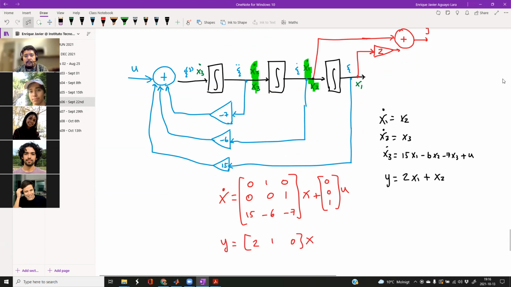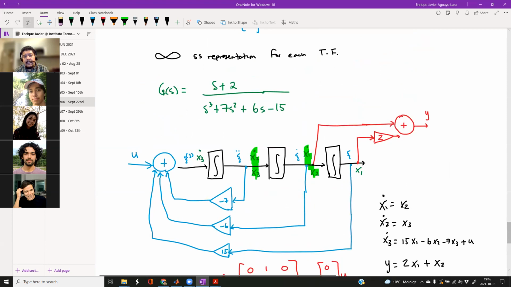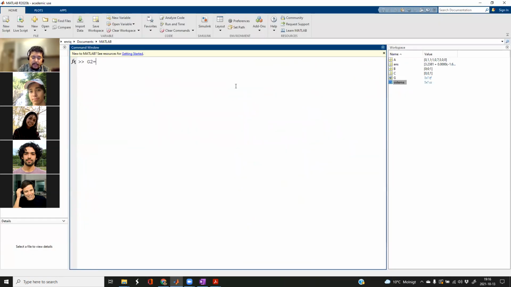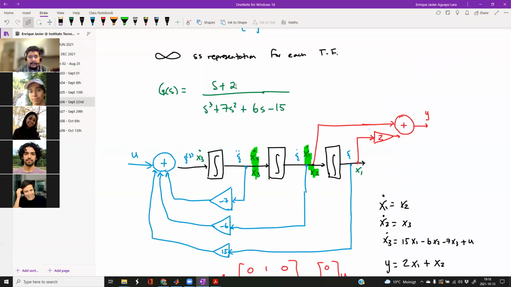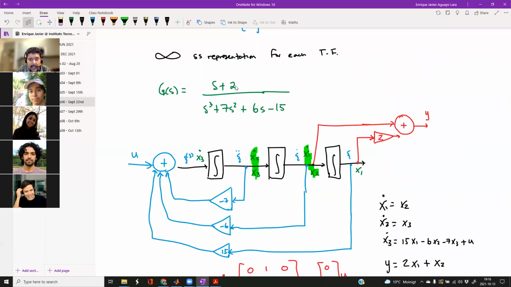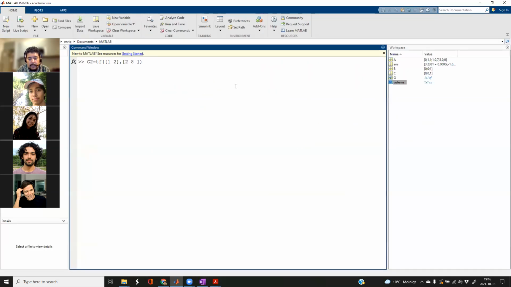So in this way, what I'm saying is that if I have this plant, which is G2 equal to TF, with 1 and 2 in the numerator, and in the denominator, I have 1, 7, 6, and minus 15.